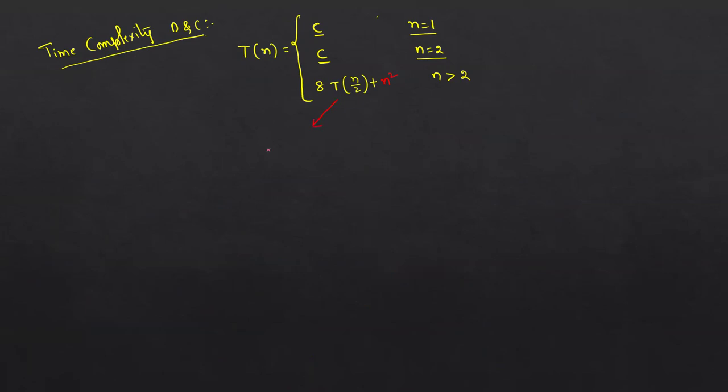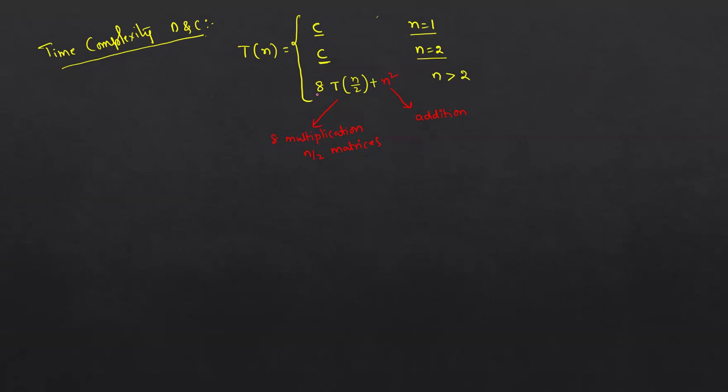What does this represent? 8 multiplications of n by 2 matrices plus n square for the addition. Now, I hope you remember Master's theorem.